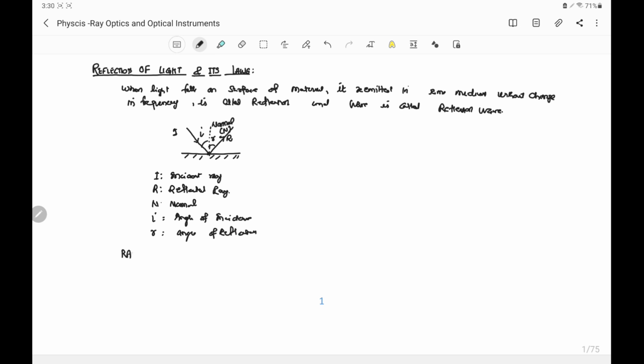Here we have used the term ray. A ray is an imaginary line which is perpendicular to the wavefront and gives the direction of propagation of the wave.